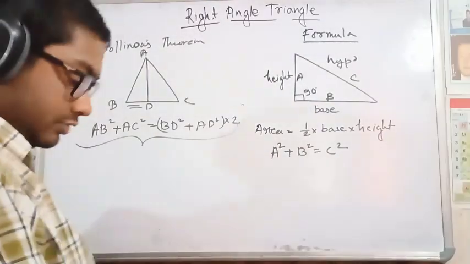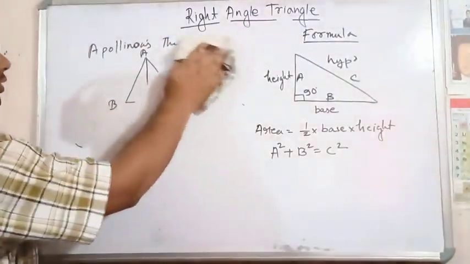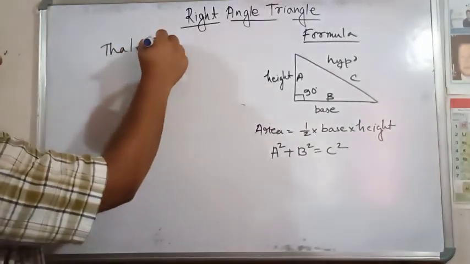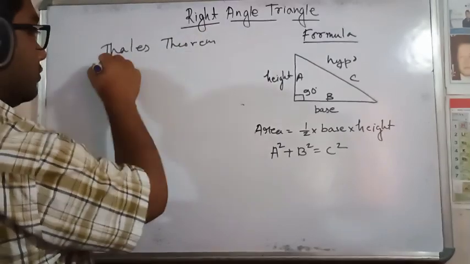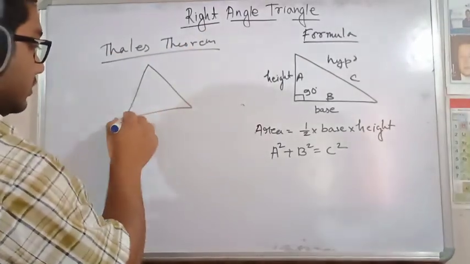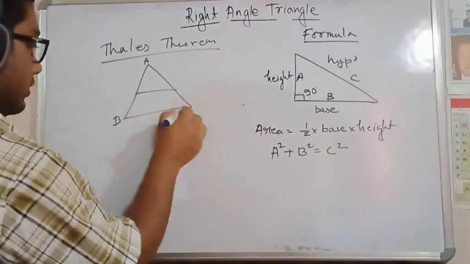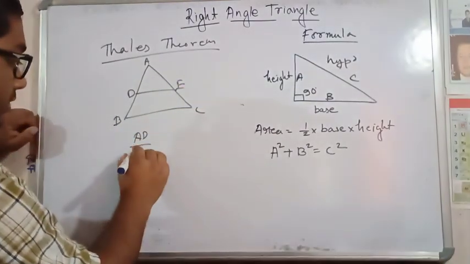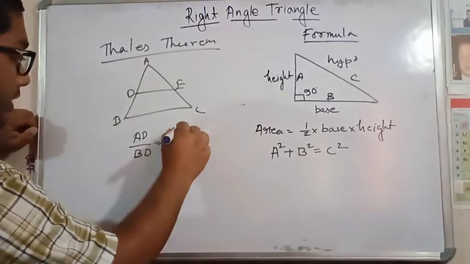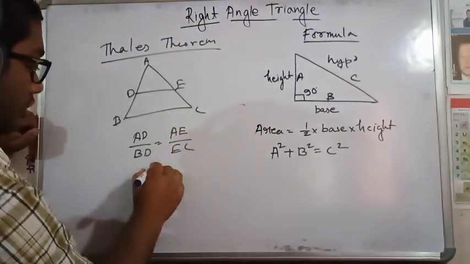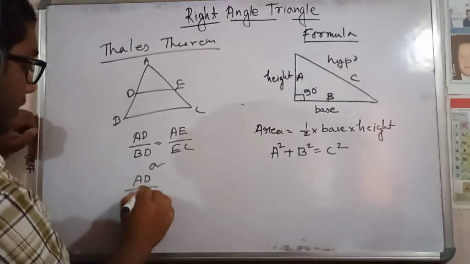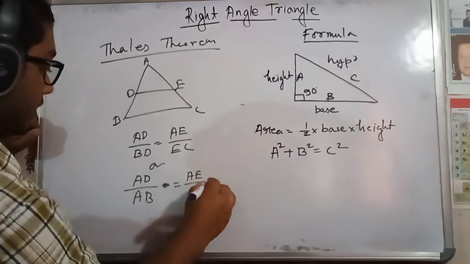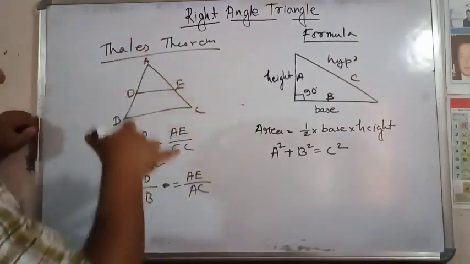And another one says that if DE is parallel to BC, then we can write AD by BD is equal to AE by EC, or we can write AD by AB equal to AE by AC, or similarly vice versa.